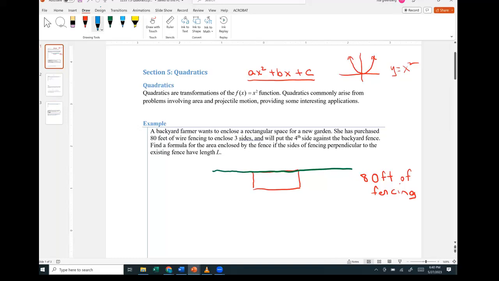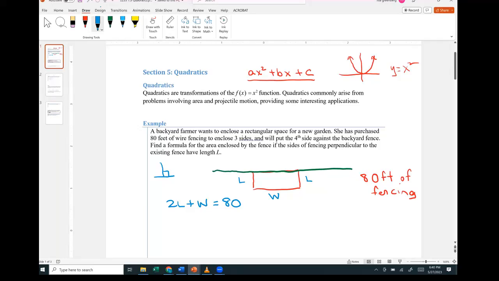So we can say this is L, this is L, and perpendicular just means that there's a corner, like an actual corner, okay? And we also have whatever this length is. Let's call this width, okay? And if we add up 2L plus W, I have 80 feet, right?